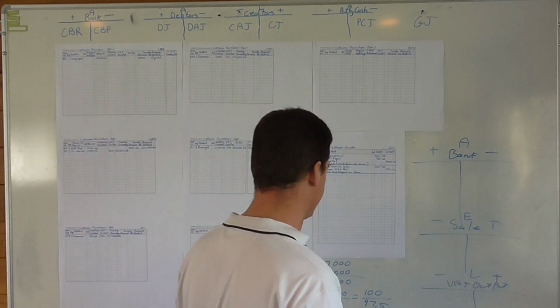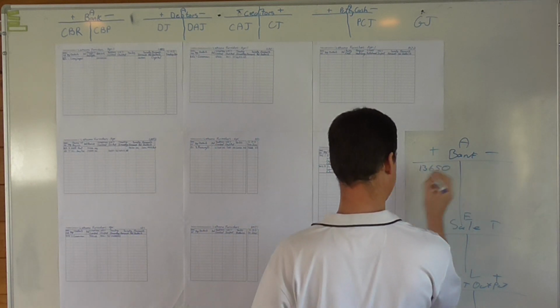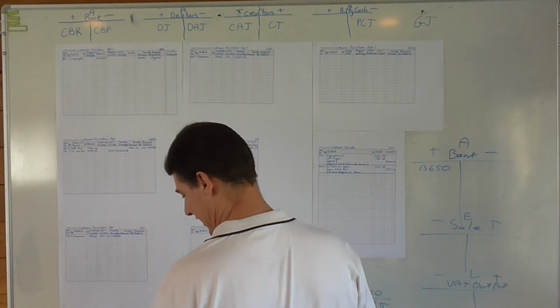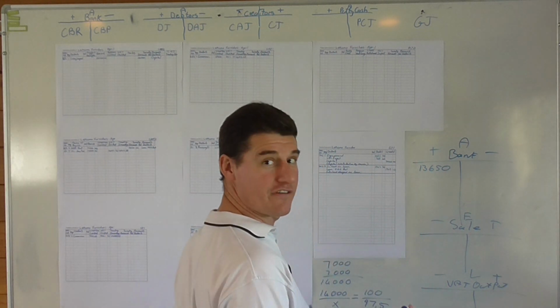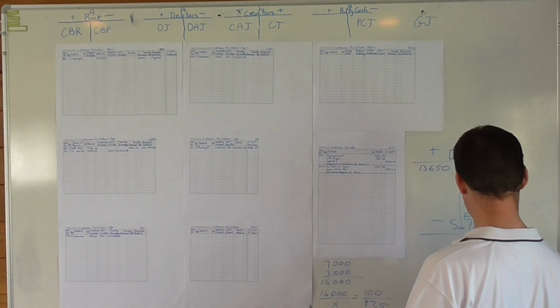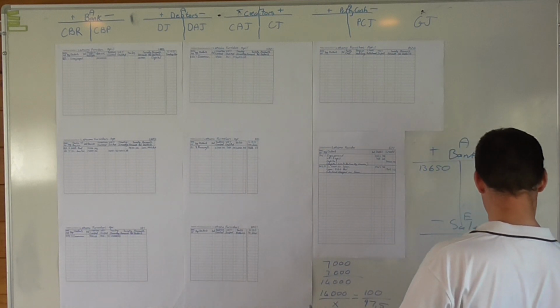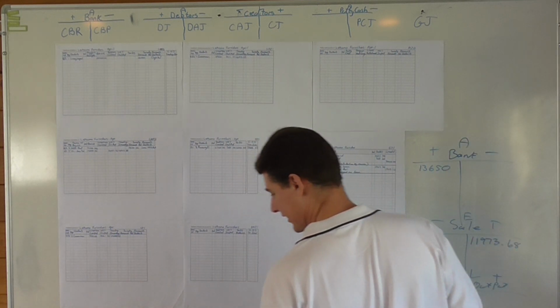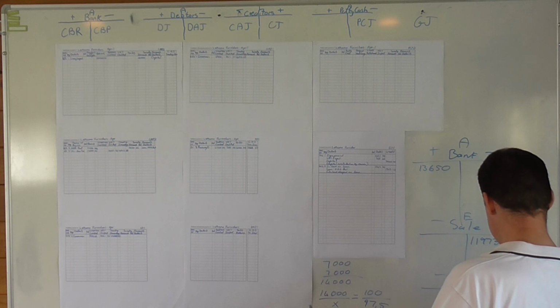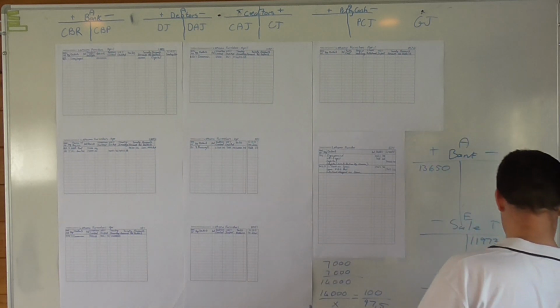So the bank increased with 13,650. Our sales went up with a VAT exclusive amount of 11,973.68, and our VAT output credited with 1676.32.